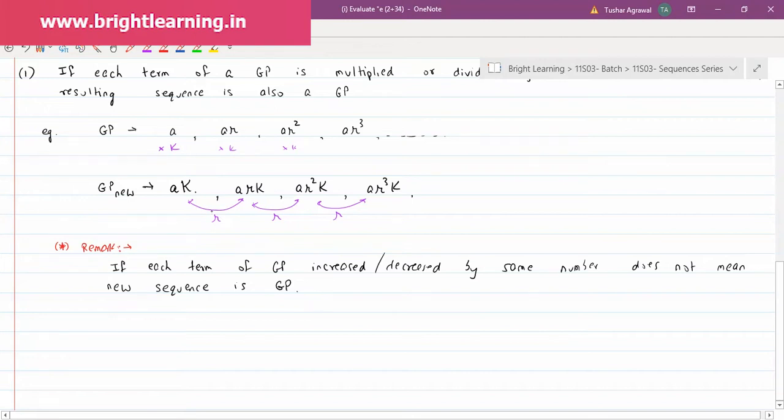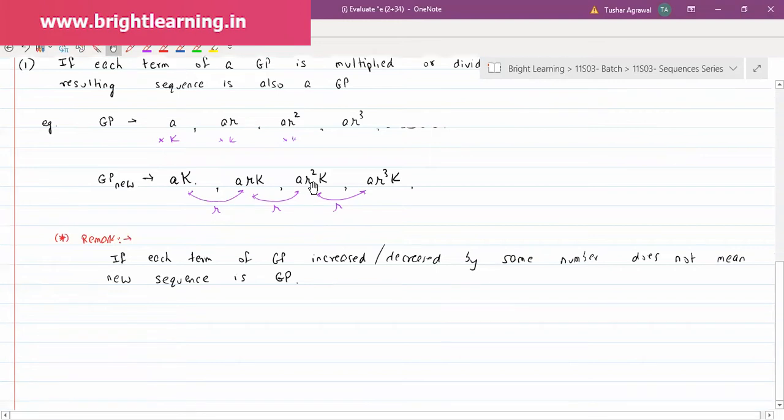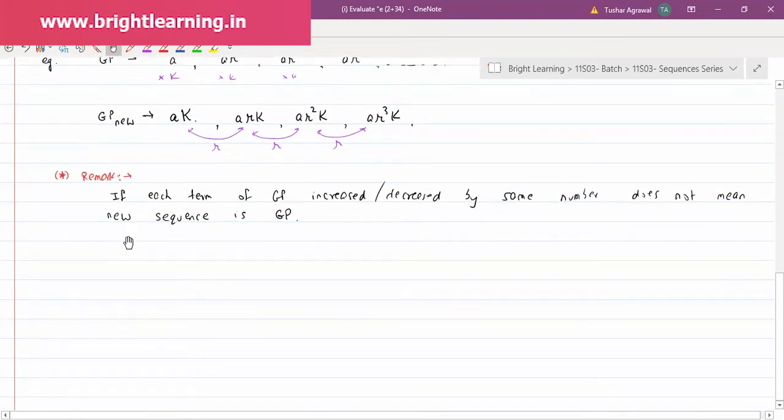In arithmetic progression, addition and subtraction also kept the sequence an AP. If you increase each term by the same quantity, or decrease each term by the same quantity, in arithmetic progression the addition operation is also working, subtraction, multiplication, division, all operations are working. But in geometric progression, only multiplication and division. Okay, keep this in mind. You can verify this with an example. Shall I move ahead? Okay.